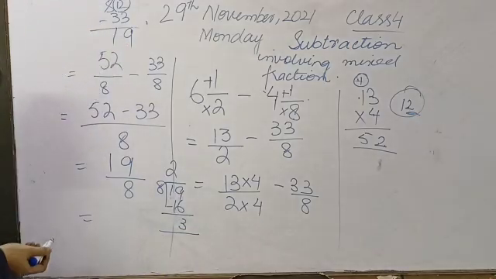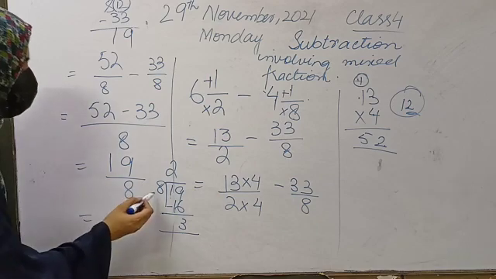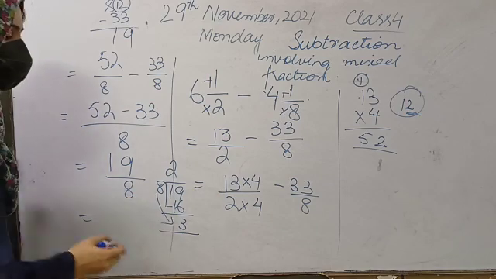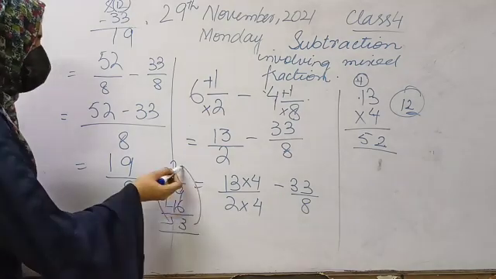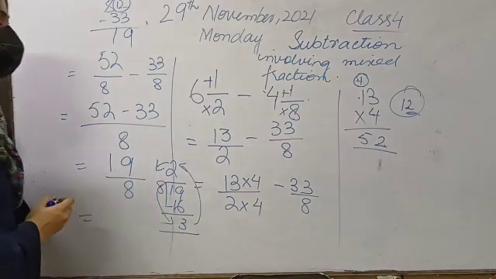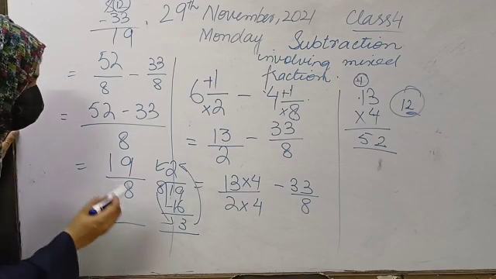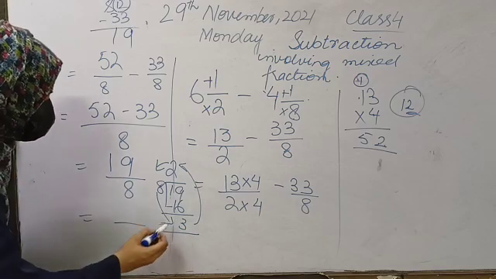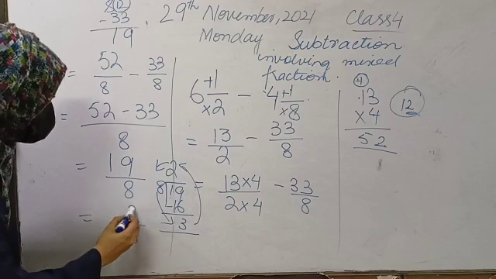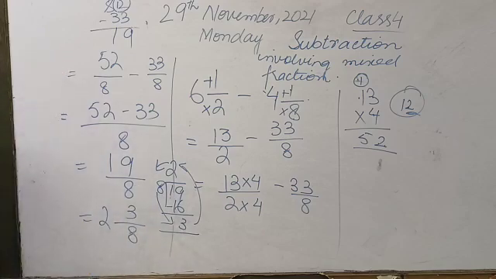Fine. 9 में से 6 हम जो है जब माइनस करेंगे तो 3 आ जाएगा. Now we will shift the numbers: 8 here, 3 there and 2 is the whole part. So the fraction in the end will become 2, 3 by 8. Fine.